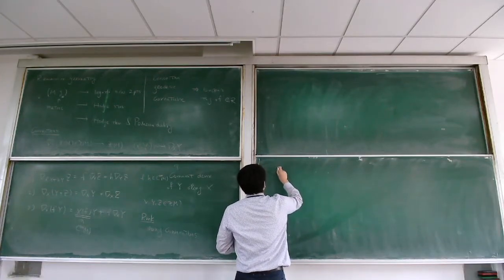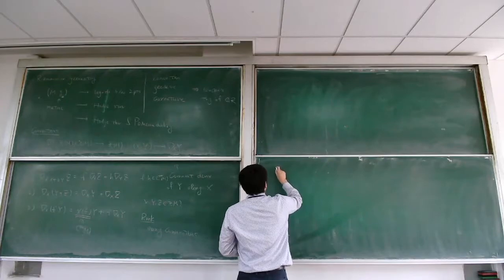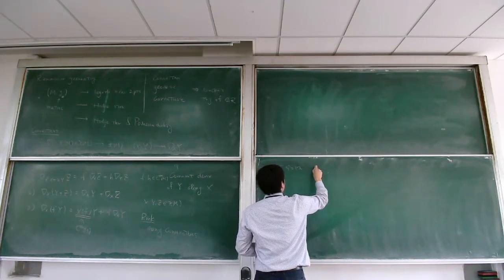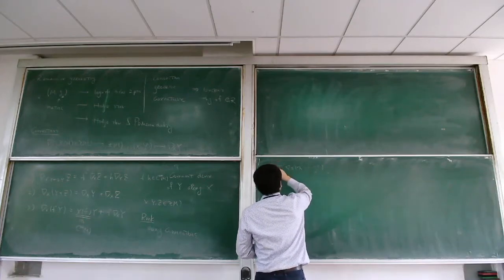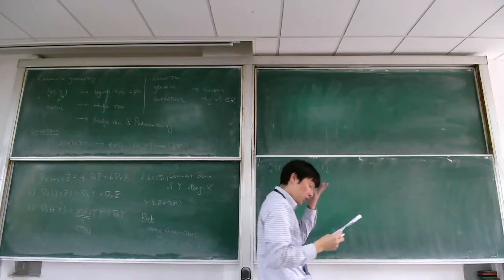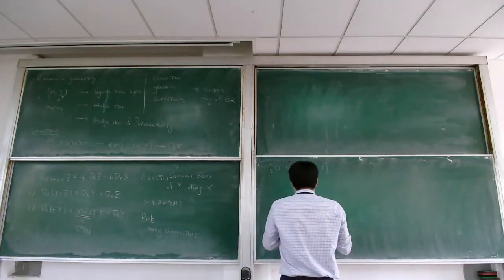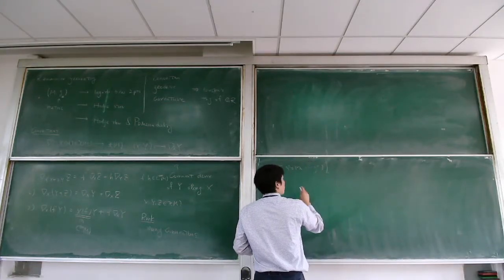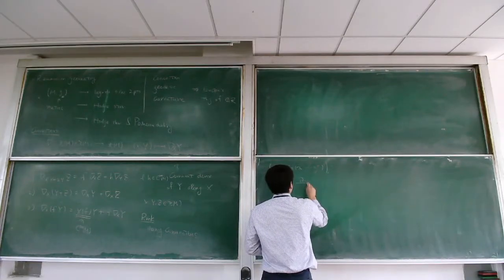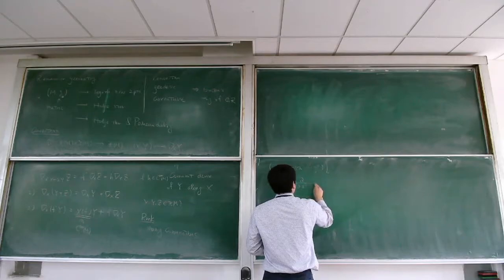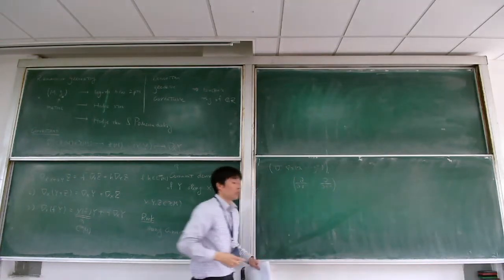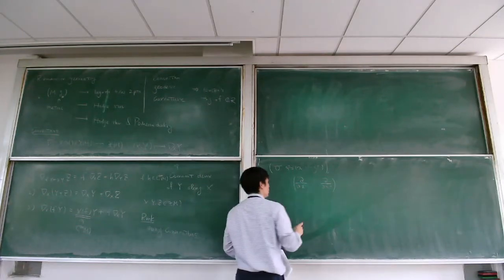So if you have a manifold with local coordinates x1 through xn on an open patch of M, then on this open patch the vector fields have a basis, the partial derivatives.